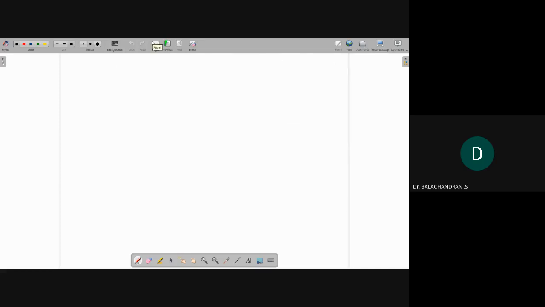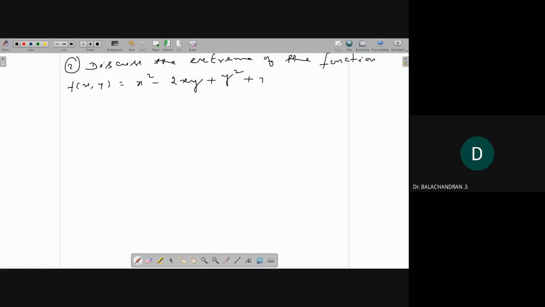The problem is: discuss the extrema of the function f(x, y) = x² − 2xy + y² + x³ − y³ + x⁴ at the origin.